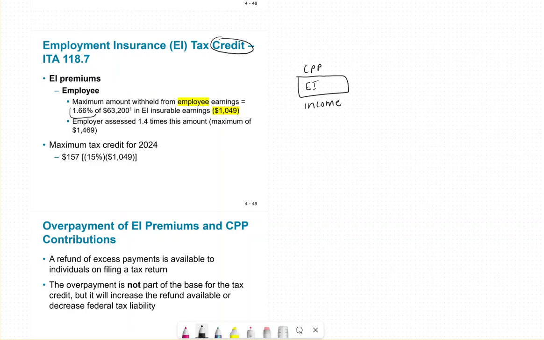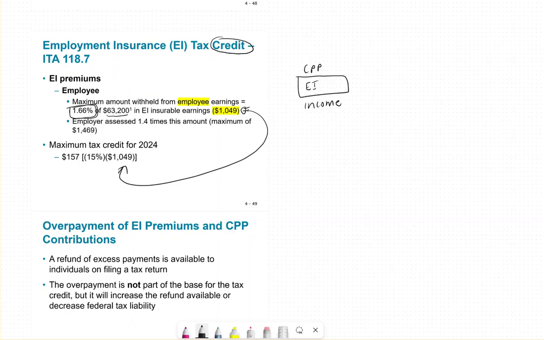The amount changes every year. It is 1.66% of any income that you earn up to $63,200. That comes out to $1,049, and you get 15% of that.